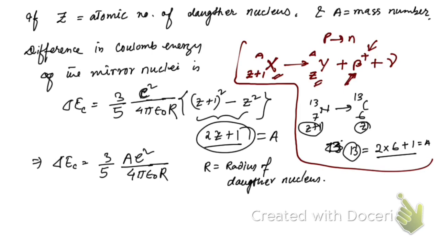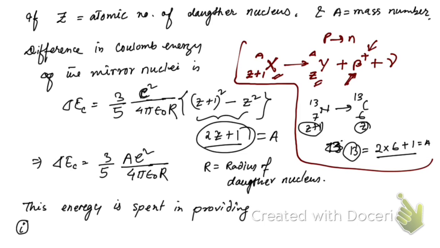So now you see, this energy is spent in providing, number one, the rest mass energy to produce a positron, right.